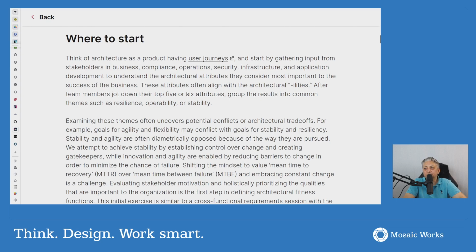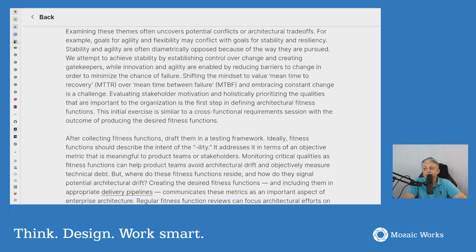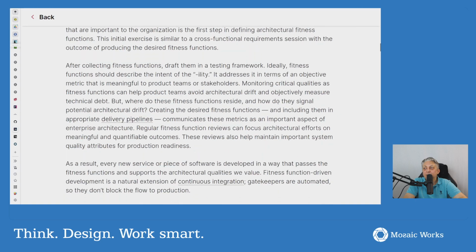These attributes often align with the architectural entities. After team members jot down their top 5 or 6 attributes, you group the results into common themes, such as resilience, operability, stability. Yeah, I mean, that's one way of doing that. You can also do it with analysis. Often you know part of it. You can also validate and so on.